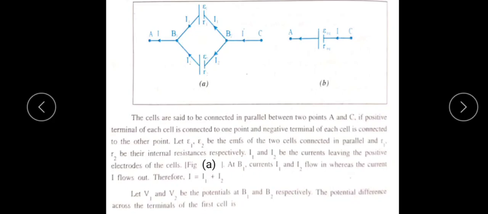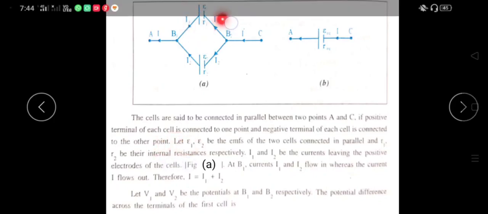Hence, if the positive terminal of each cell is connected to one point and the negative terminal of each cell is connected to another point, this is called a parallel connection.